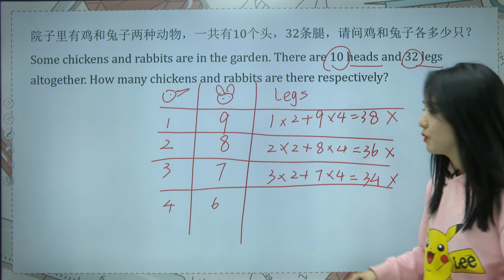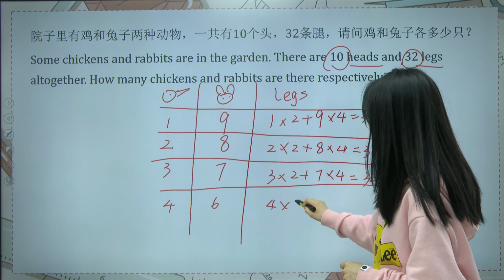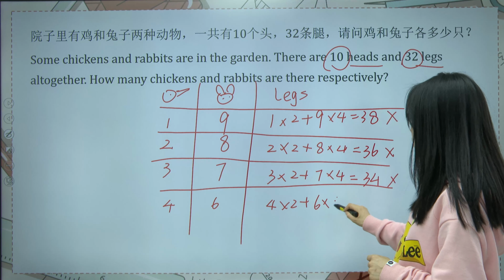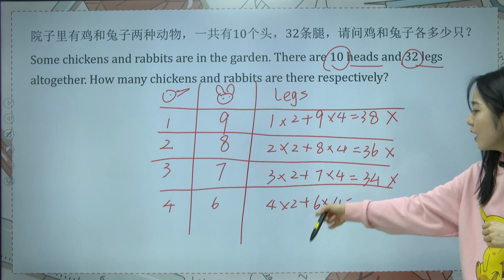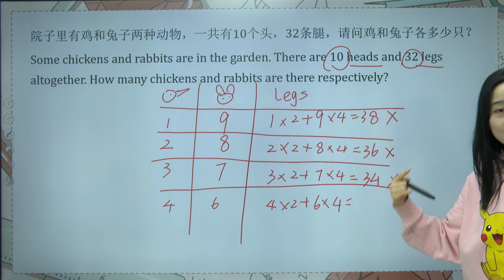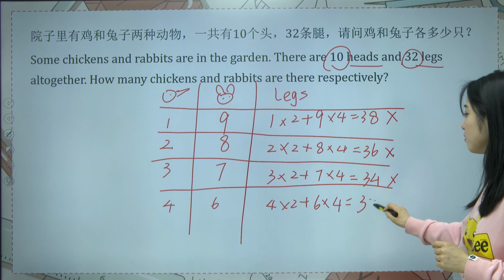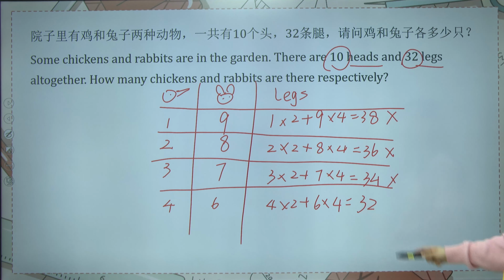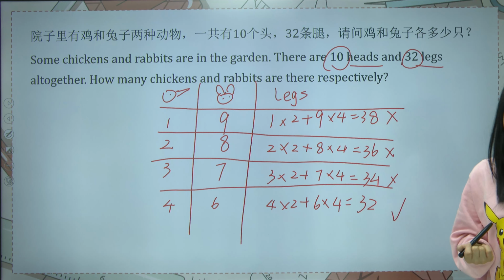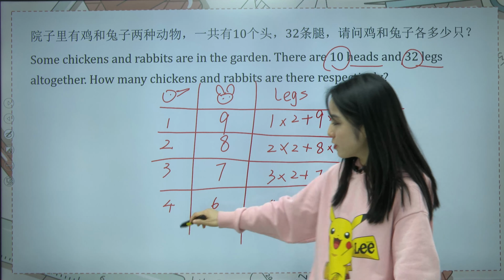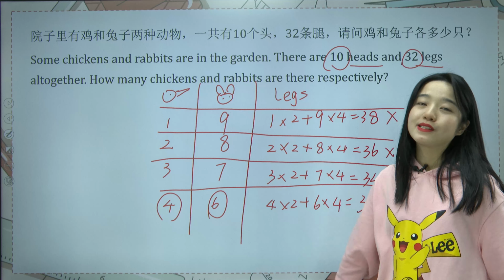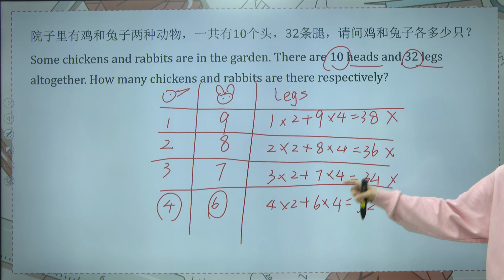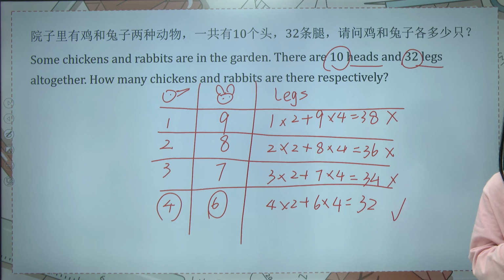How many legs can we find? 4 times 2 plus 6 times 4. So here we got 8 legs for chicken, 24 legs for rabbit. So we have 32 legs altogether. Wow, it works. So you see, that means there should be 4 chickens and 6 rabbits. So in this way, we have 10 animals altogether, and we also have 32 legs altogether.